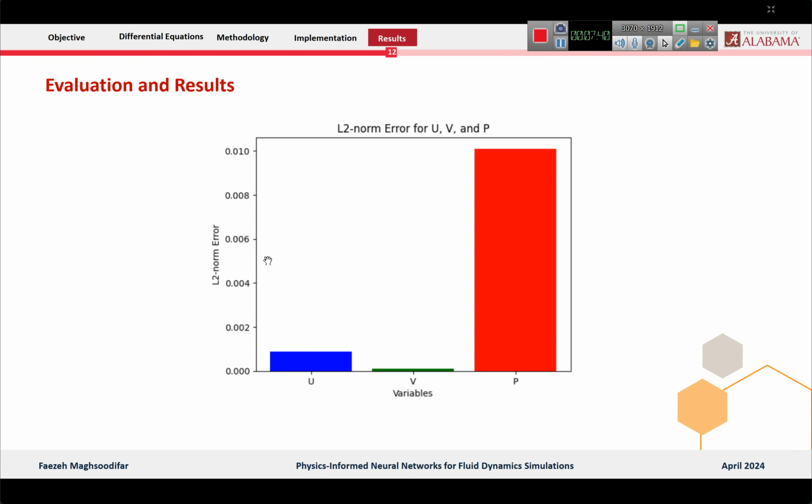The graphical representation of this error highlights that while the predictions for velocity are quite precise, the accuracy for pressure predictions shows room for improvement.